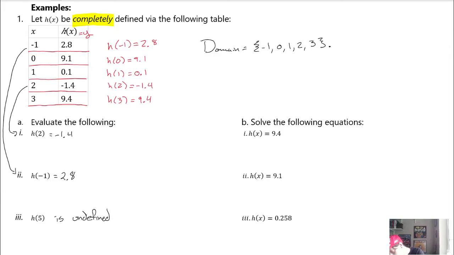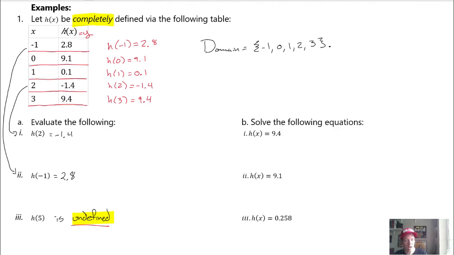If I plug in 5, the function doesn't have an output for the number 5. The number 5 is not something that this function knows how to handle. This function is only defined when the input is -1, 0, 1, 2, or 3, nowhere else.